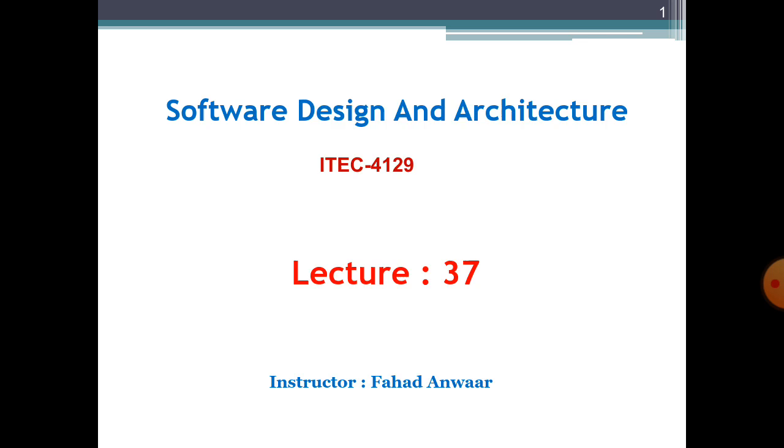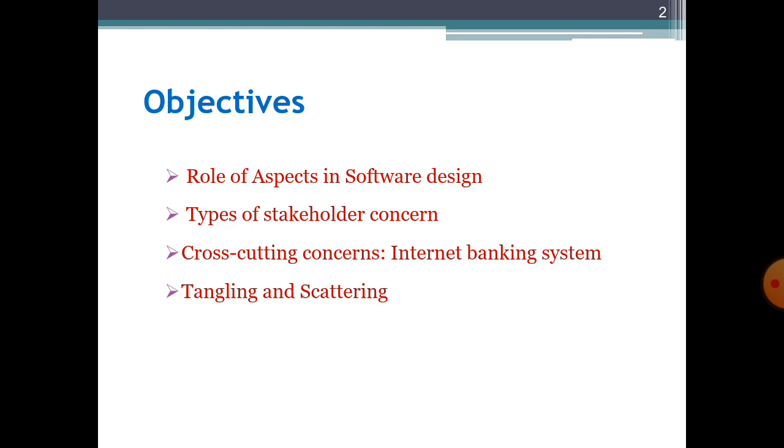So students, here is a brief objective of today's lecture discussion, where we see the role aspects play in software design, and then we see what kind of stakeholder concerns need to be considered in aspect oriented design and architecture.